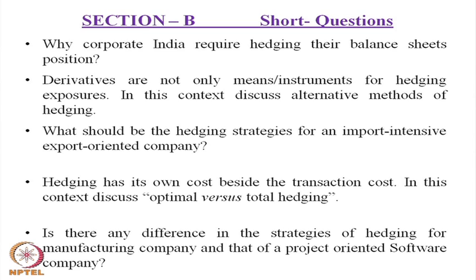Question number 4: hedging has its own cost besides transaction cost. In this context, discuss optimal hedging. Hedging has a transaction cost, and we are doing hedging through derivative transactions. In derivative transactions there are problems: the financial institution or company that provides the hedging may not adhere to the position.